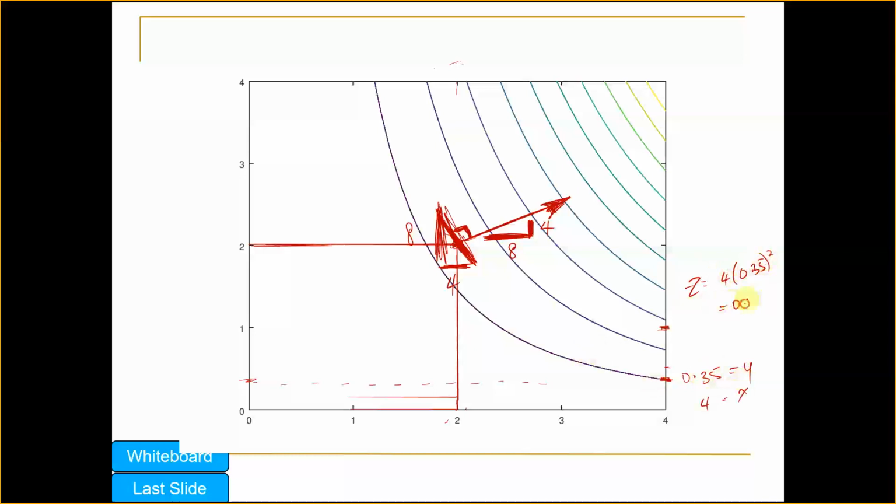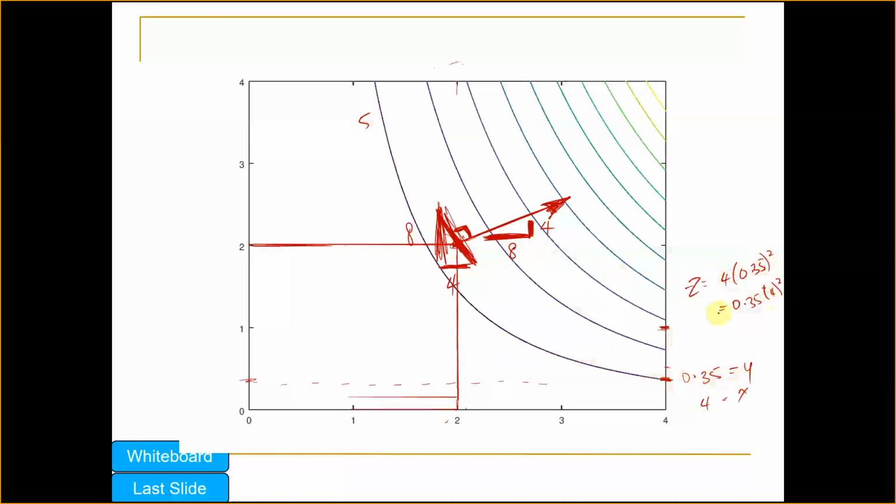Let's say this is 0.35 and 4 squared. What's that? 5.6? That sounds better. It's probably 5.